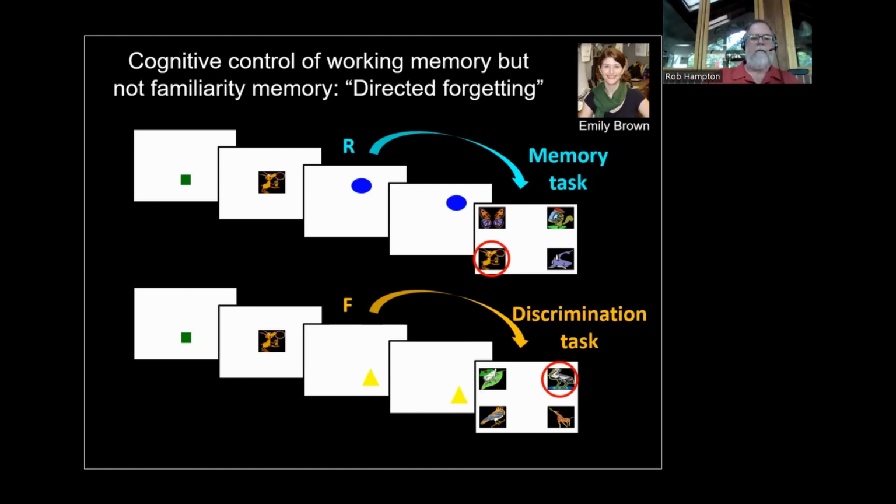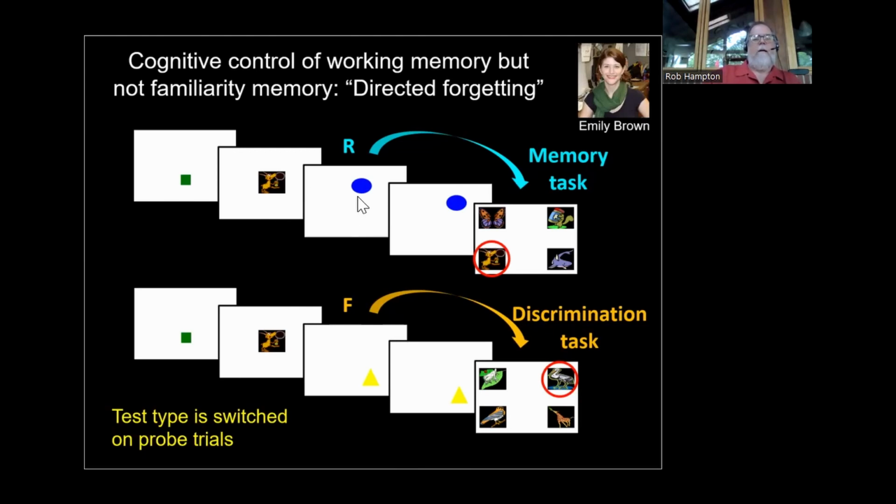coding the correct response. The idea here is, once you've seen the forget cue, I don't need to remember this, because I'm going to get a discrimination test instead of a matching test. Whenever I see the blue circle, I need to remember because I'm going to get a test of my memory for that. And of course, being the evil, tricky psychologists we are, we sometimes switch the test that follows these stimuli to ask whether they actually have the property that we think they do.